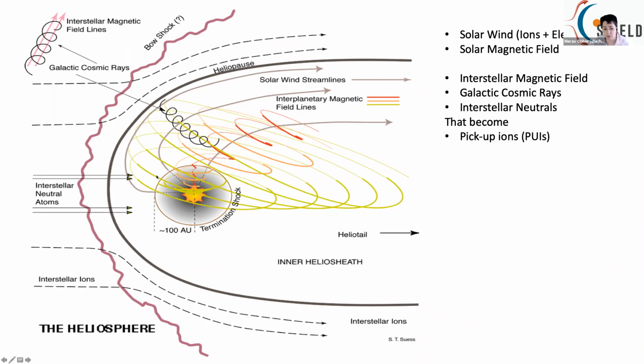It's around 100 AU. Now, when the interstellar neutrals enter, they can be ionized near the sun, and they become a new particle, a new ion that we call a pickup ion. Let me describe this in the next slide.